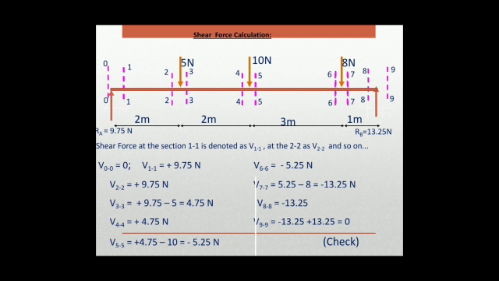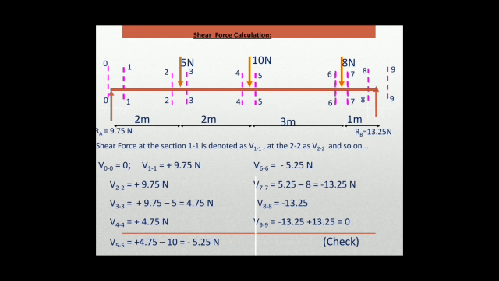V66 is equal to minus 5.25 Newton. V77 is equal to minus 5.25 minus downward force 8, which is equal to minus 13.25 Newton. V88 is equal to minus 13.25.